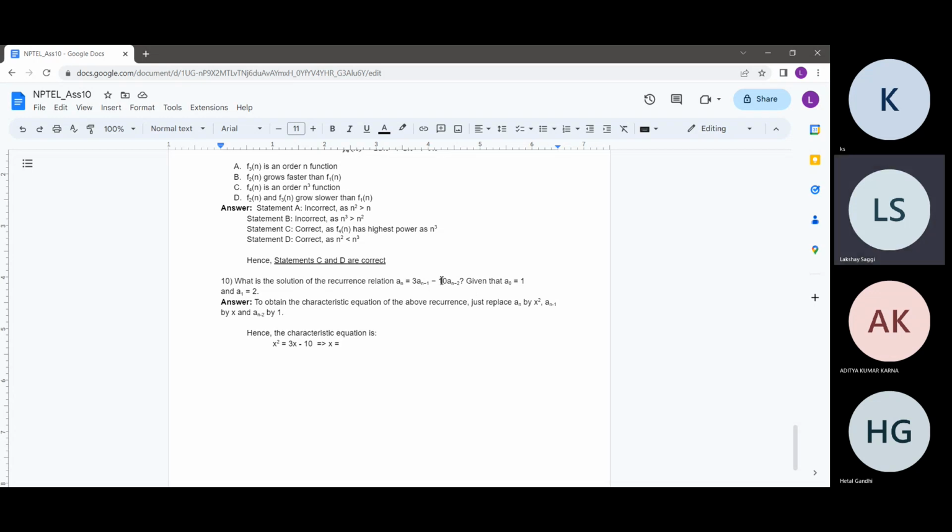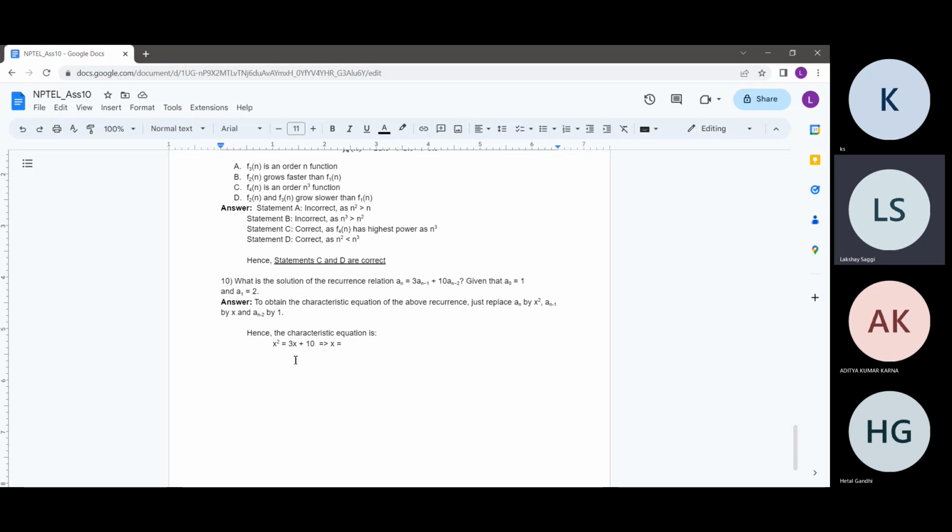I think I've made a calculation error. There's a typo here. This should be a plus 10. Sorry guys. So the recurrence relation is a_n is 3 a_(n-1) plus 10 times a_(n-2), not minus 10. You could have solved for minus 10 also, but you would have obtained much weirder expressions. Here the terms will be much nicer. So that's how I set the question.